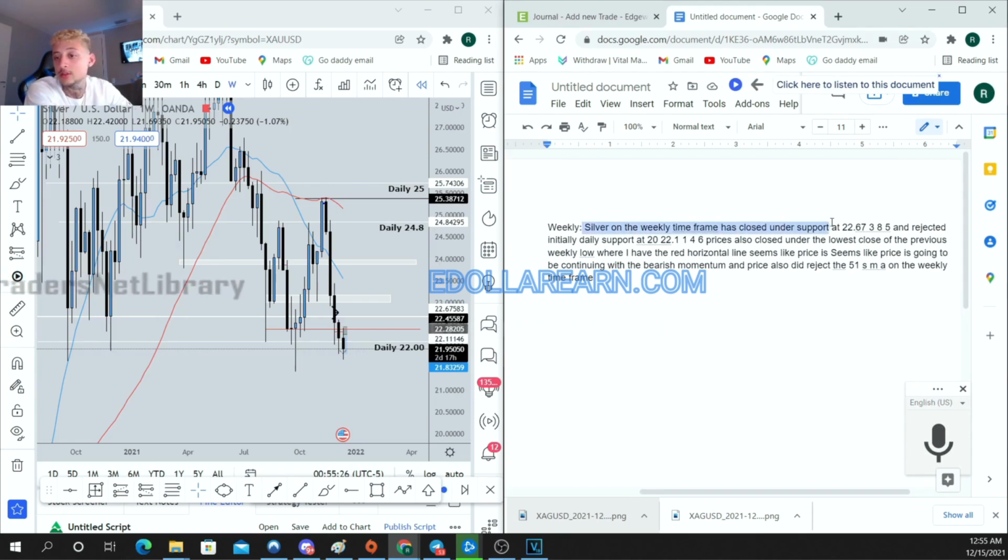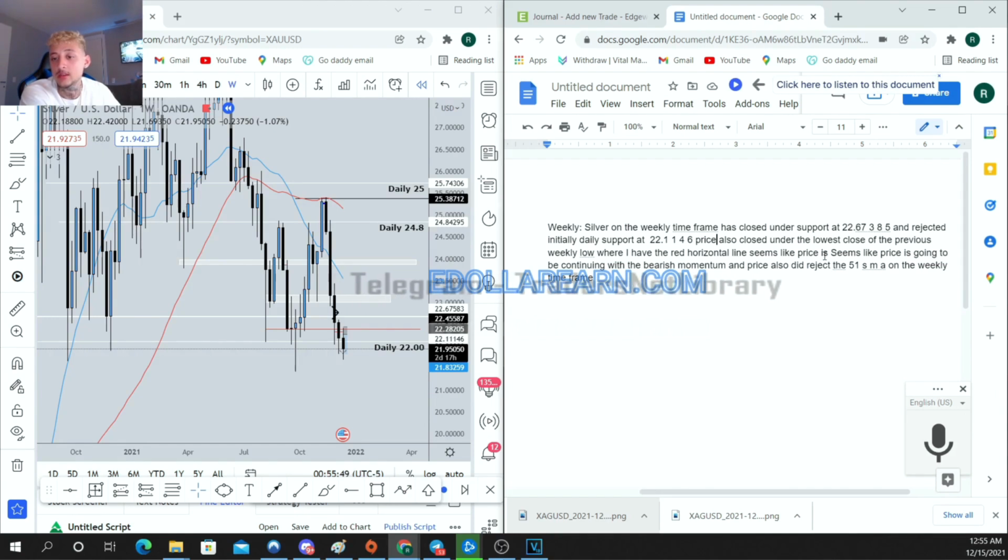Silver on the weekly time frame has closed under support at 22.67385 and rejected initial daily support at 22.1146. Price also closed under the lowest close of the previous weekly low, where I have the red horizontal line.